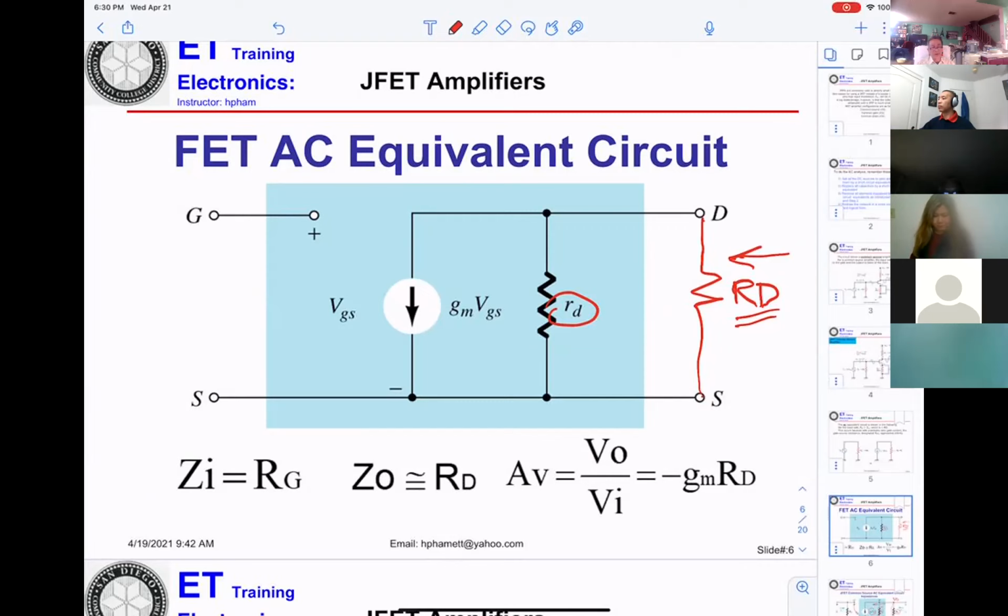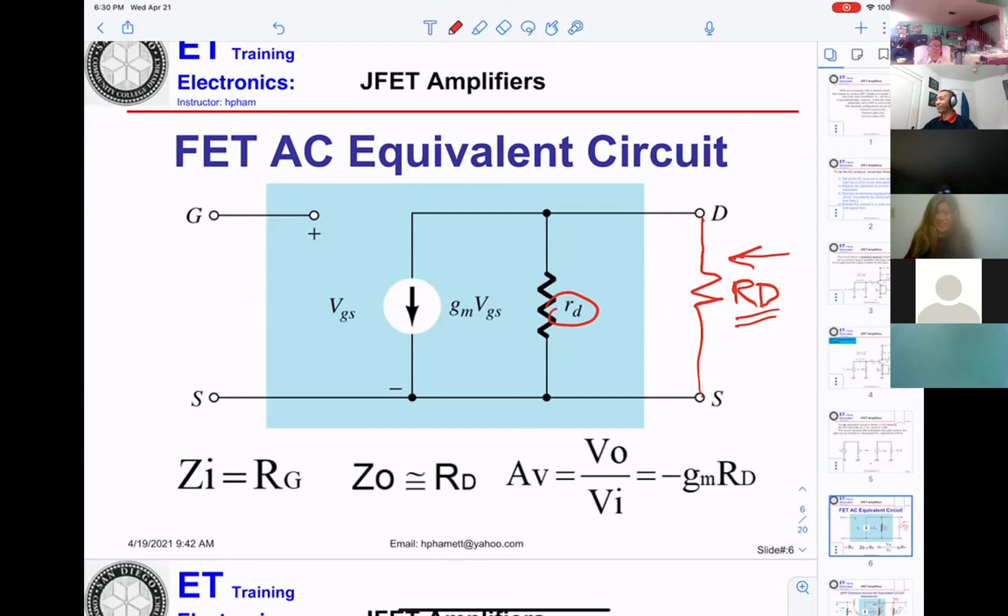Mr. Pham, you can correct me if I'm wrong. So you're saying that based on what he's asking, R small d is so large, even so much larger than RD, that the small rd doesn't matter. In other words, the little rd that you got circled here is an extremely large value.